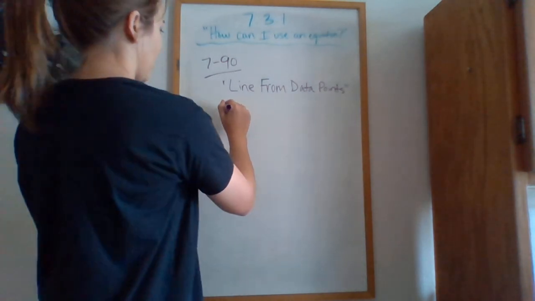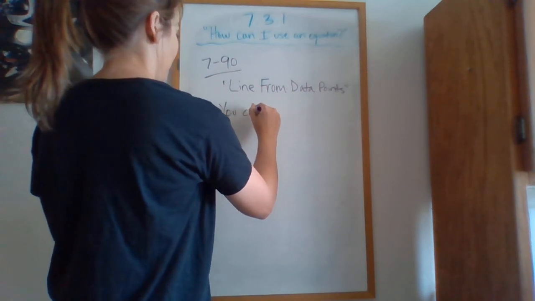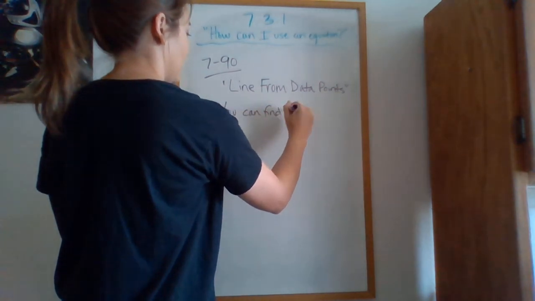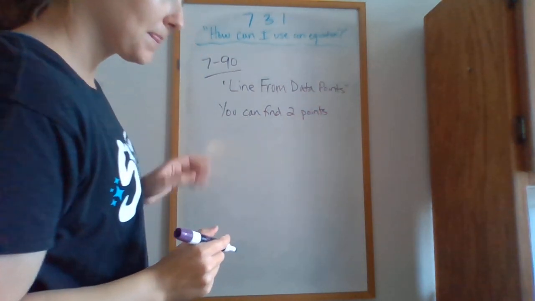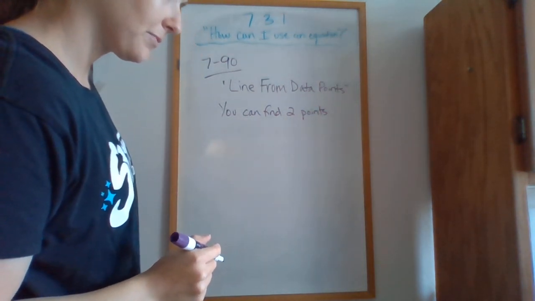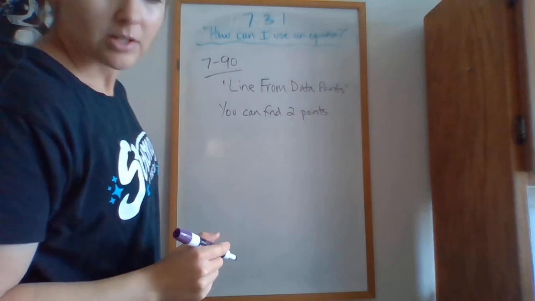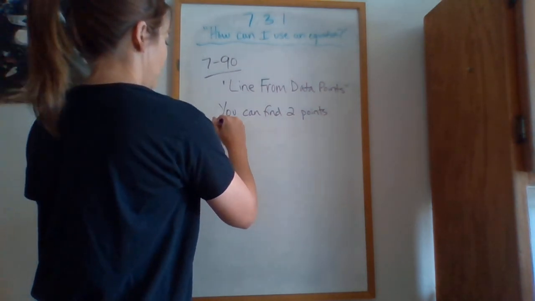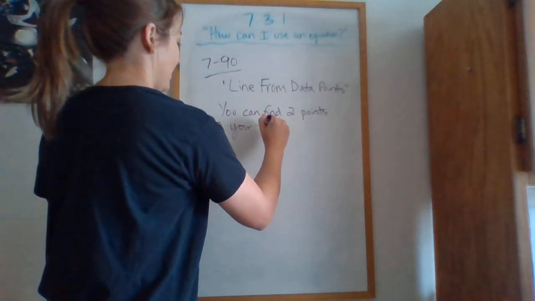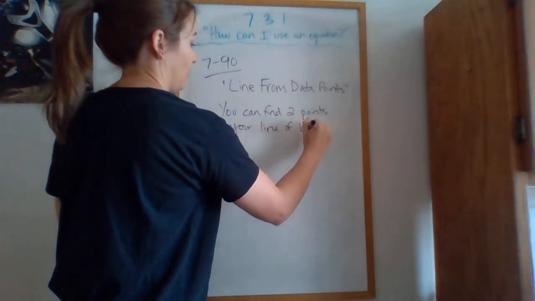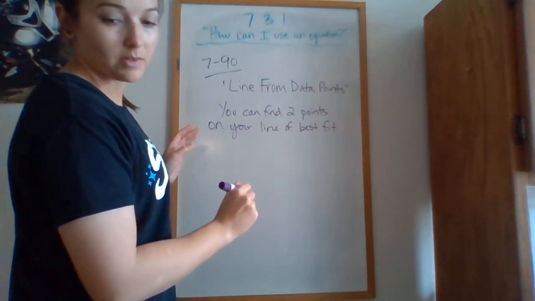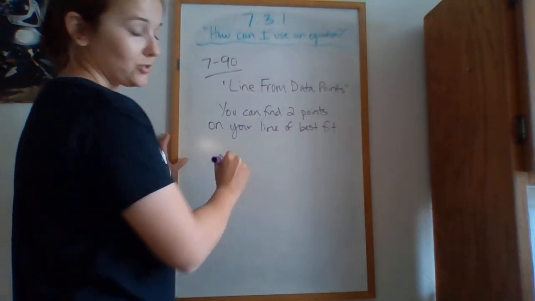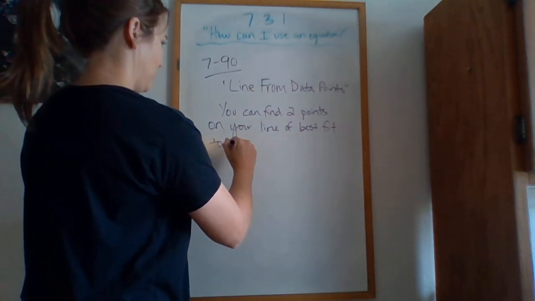You can find 2 points on your line of best fit to find the slope.